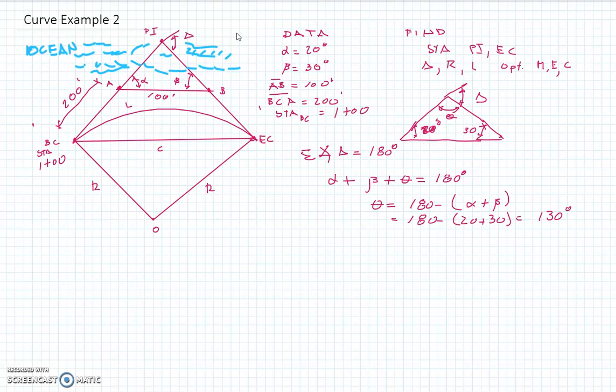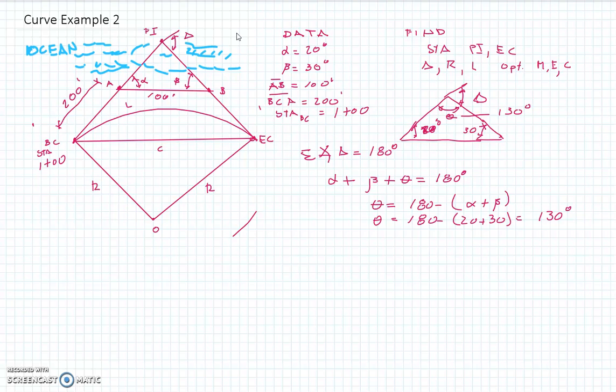So 130 plus 50 is 180. So theta is now equal to 130, which means this angle inside is 130.